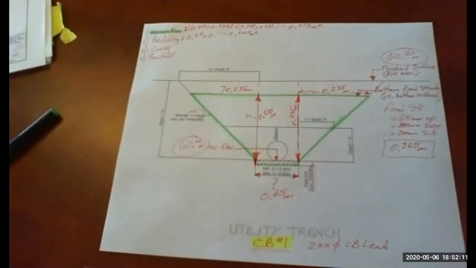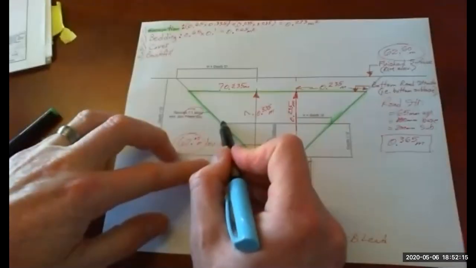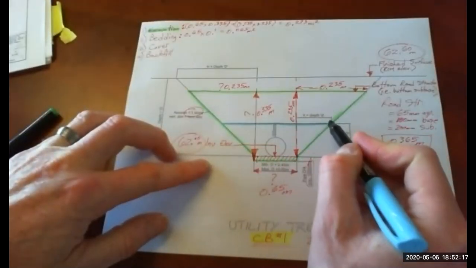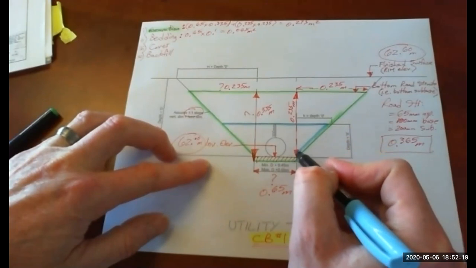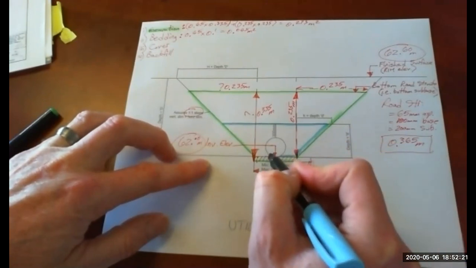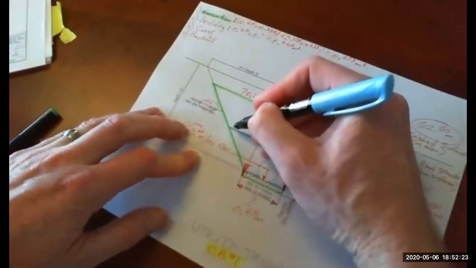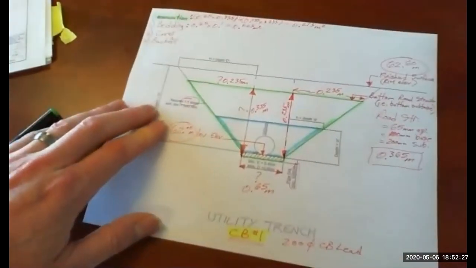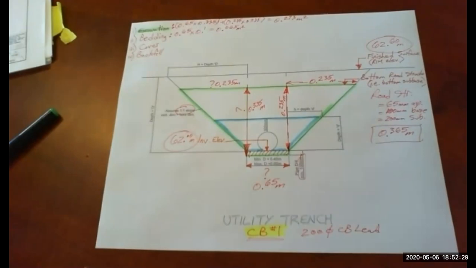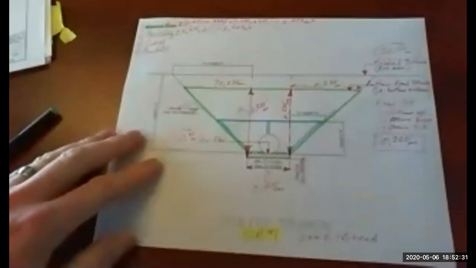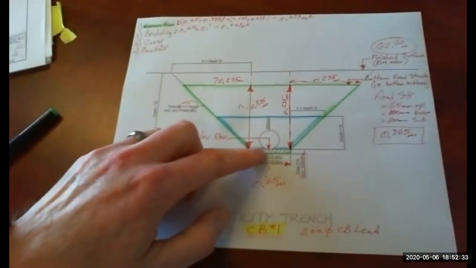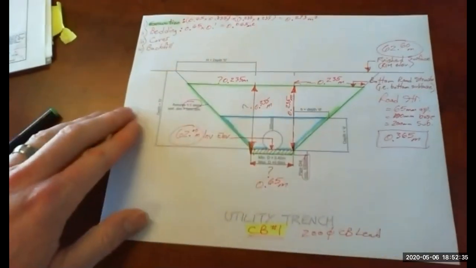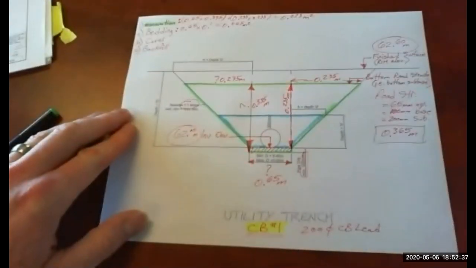So now let me go with the cover. Highlight this in blue. And up this side. So the cover is the rest of the bedding. So it's from the invert of the pipe all the way up to 300 millimeters above the pipe.